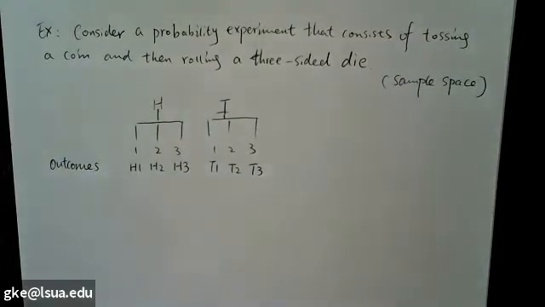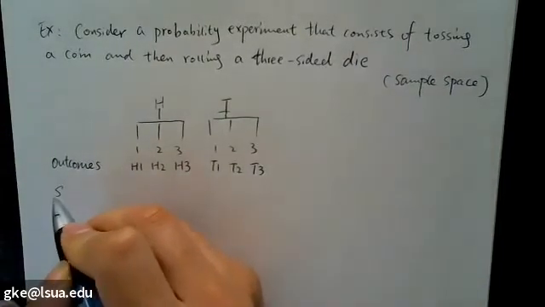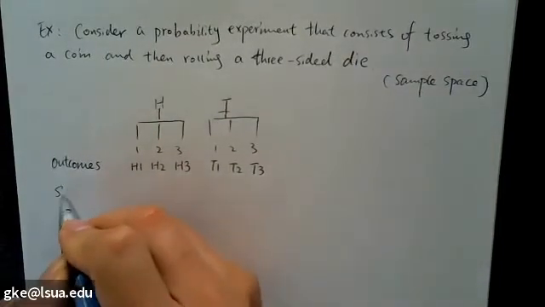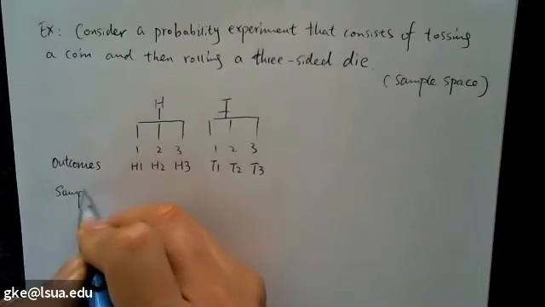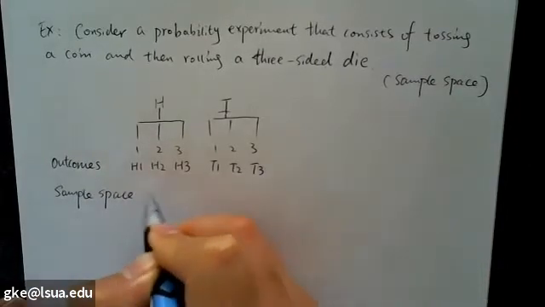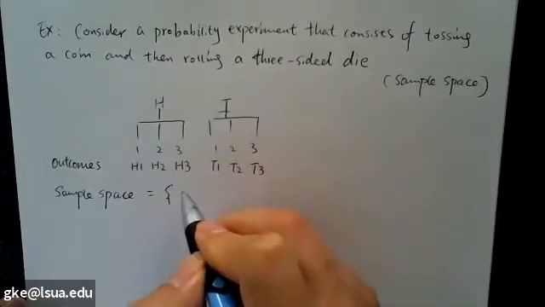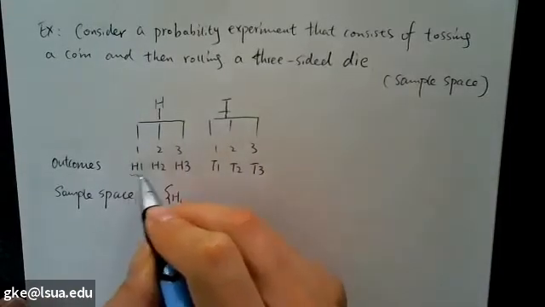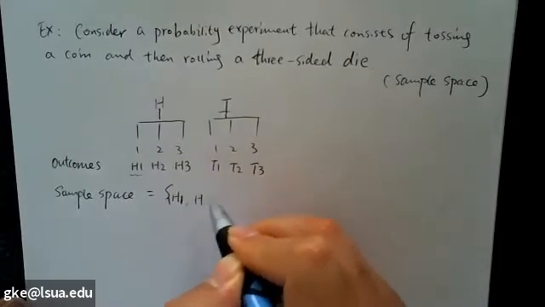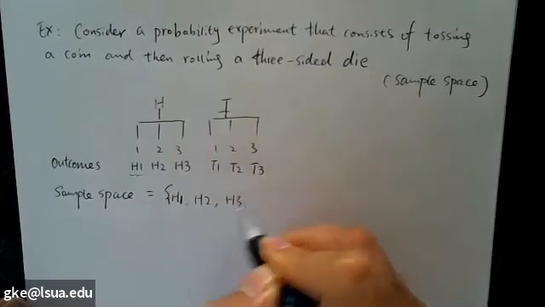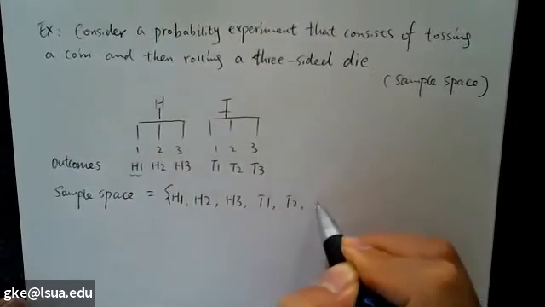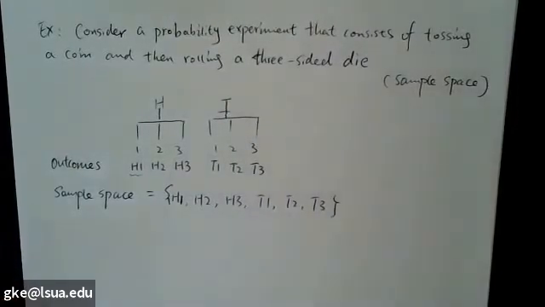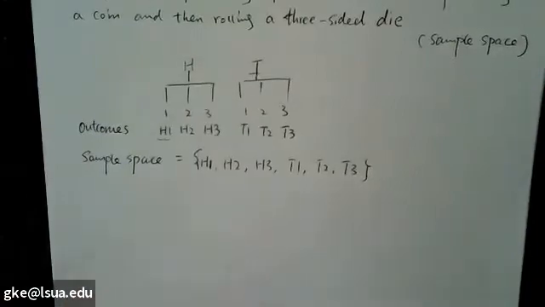The sample space is the combination of these outcomes. By definition, sample space equals the combination of all these outcomes. Just list all of them. That's the sample space.